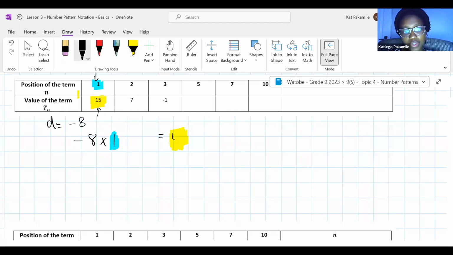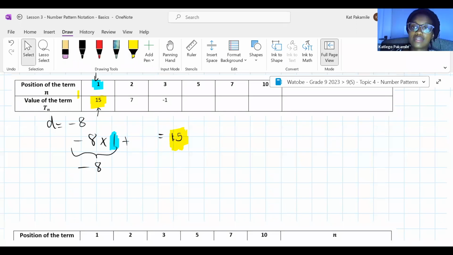You see? So -8 times 1 will give me -8. But now we have to add something to get to 15. How much is that? We have to add.